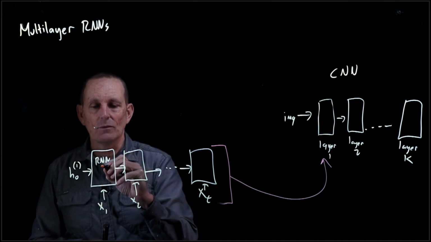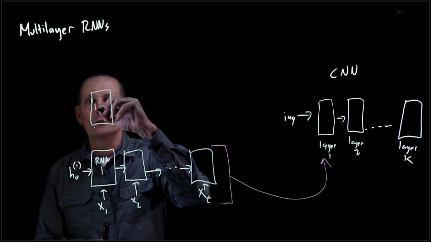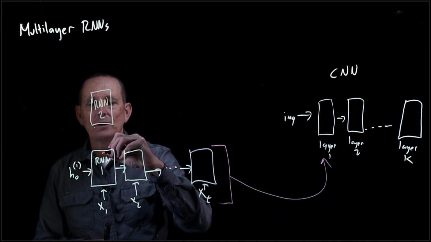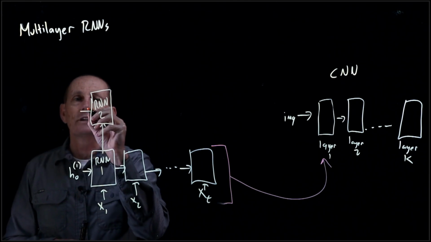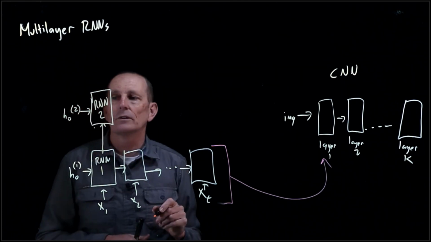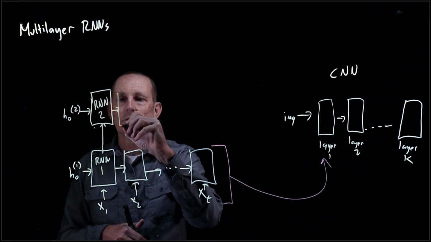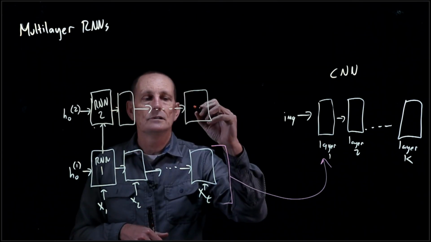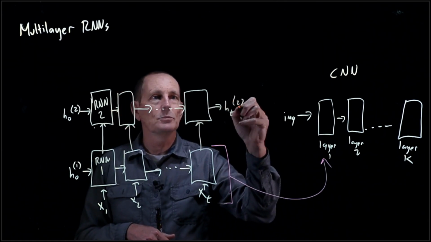So this is RNN1, and we're going to have RNN2 up here. We feed the output of RNN1 into the input of RNN2. We'll have a different H sub 0, H sub 0 super 2, and out of here we get H sub t super 2.